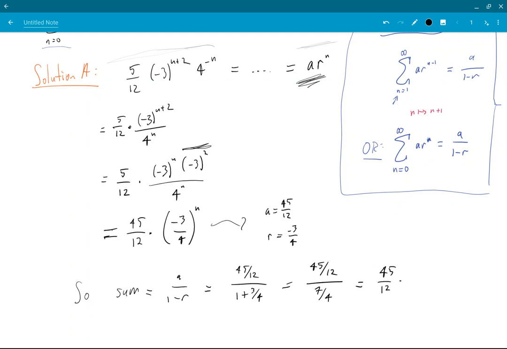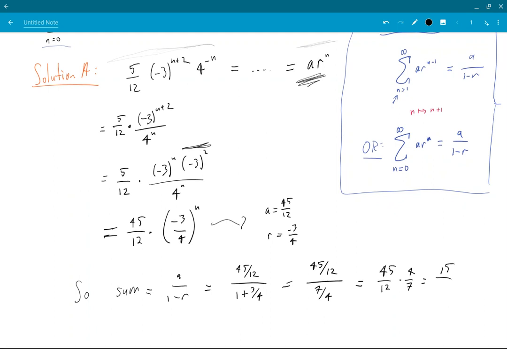Okay, flip and multiply. Should have reduced that earlier, right? 45 over 12 is 15 over 4, times 4 over 7, which is 15 over 7. Aha, there we go.